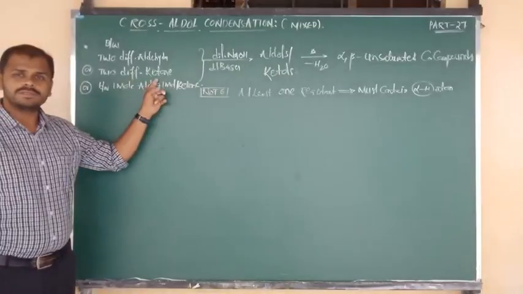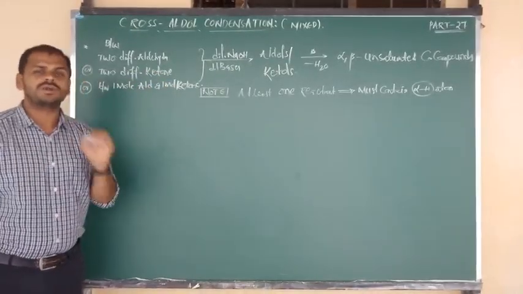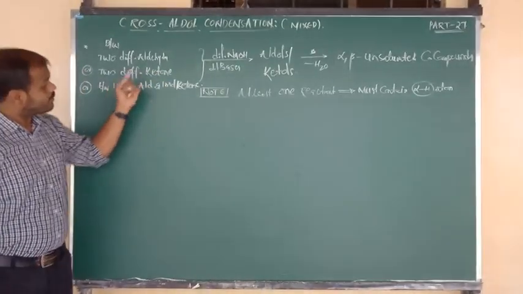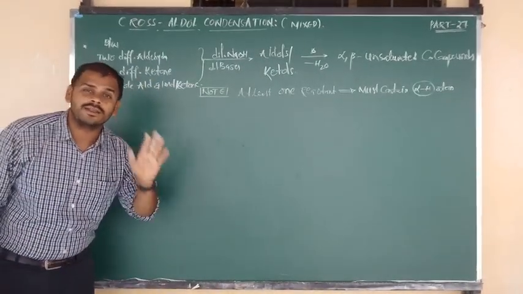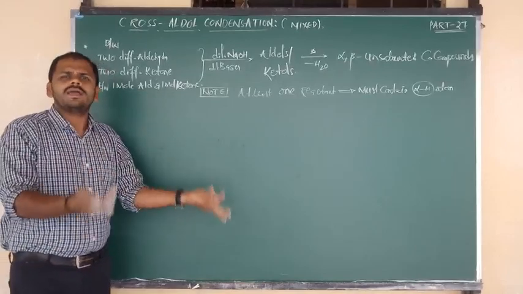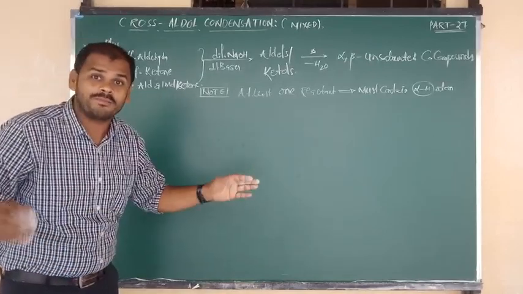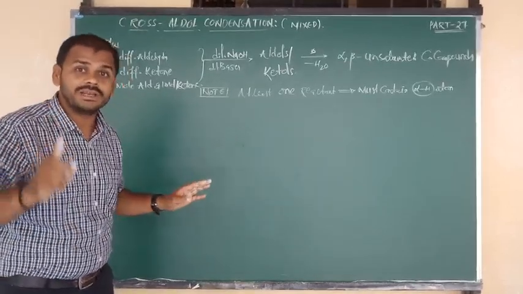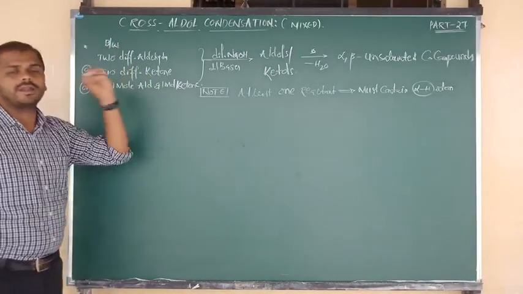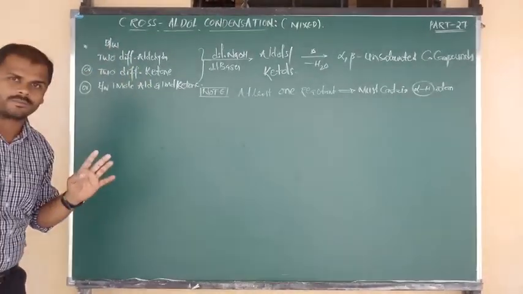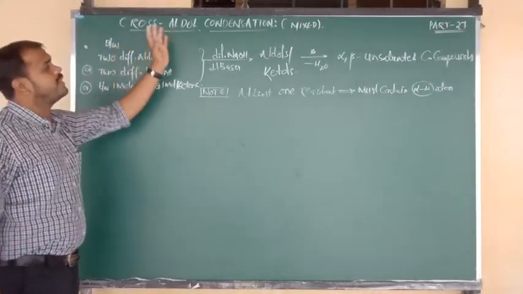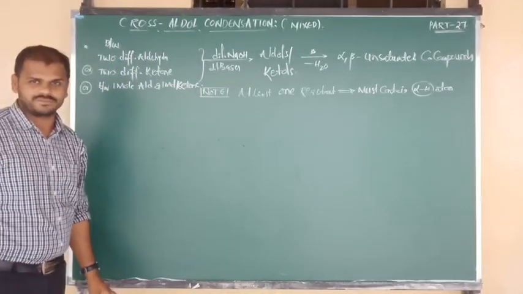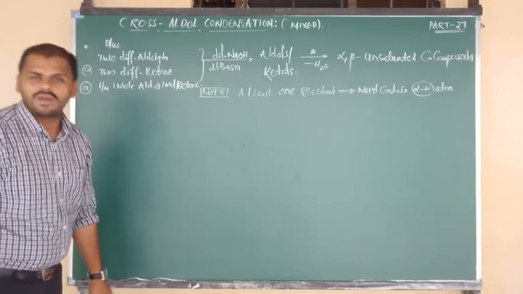Two different ketones, in that one of the ketones must contain alpha hydrogen. 1 mole of aldehyde, 1 mole of ketone, again one of the reactants must contain an alpha hydrogen atom. If both contain alpha hydrogen, that is also no problem, but the condition is at least one reactant must contain alpha hydrogen. Without the alpha hydrogen, here also, they won't undergo the aldol condensation. Okay, all of you? Good.